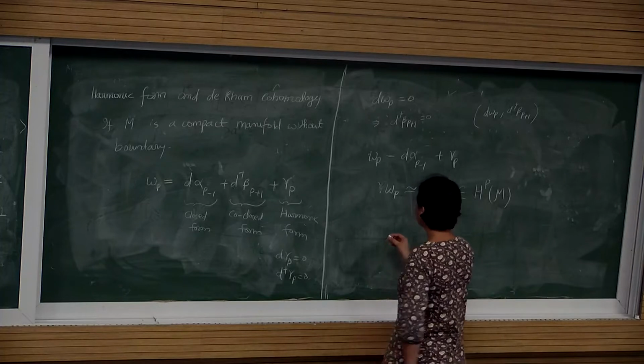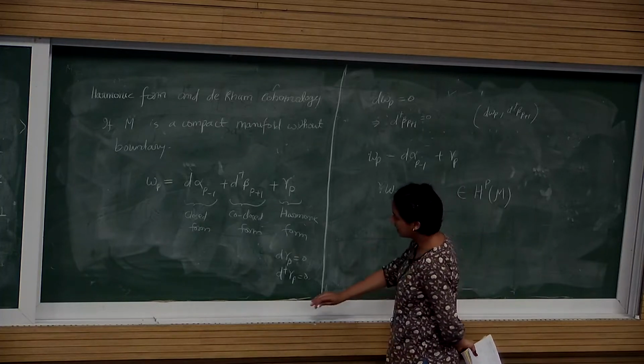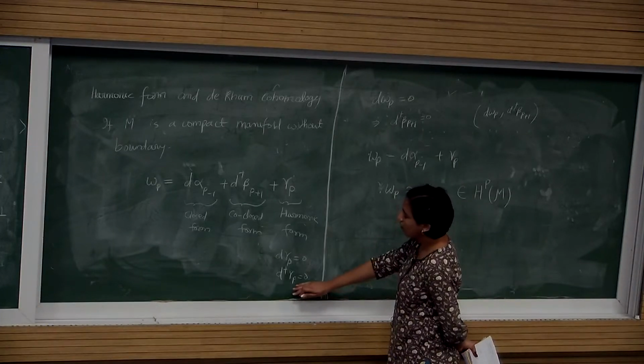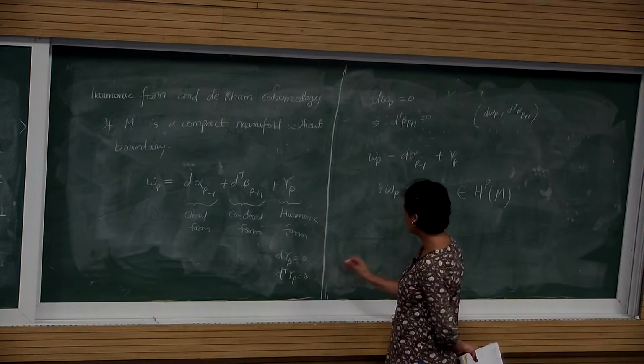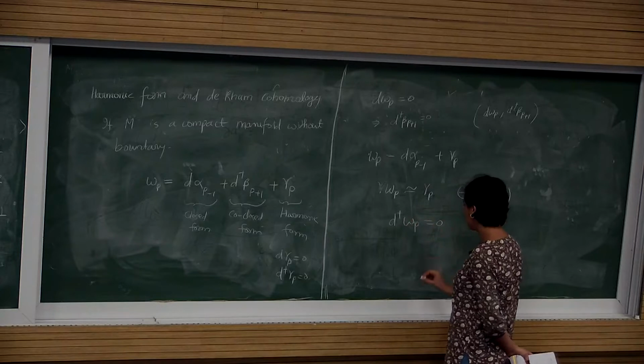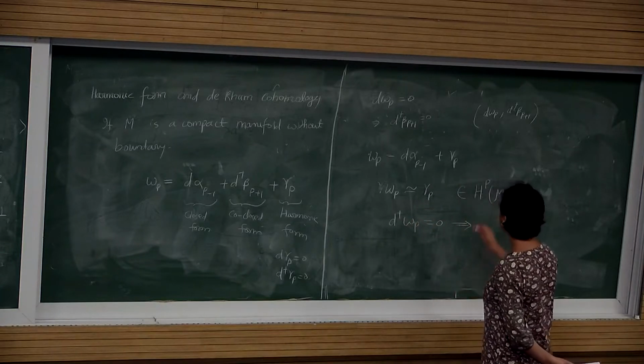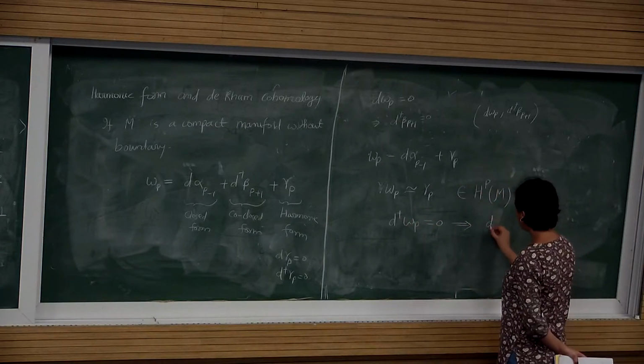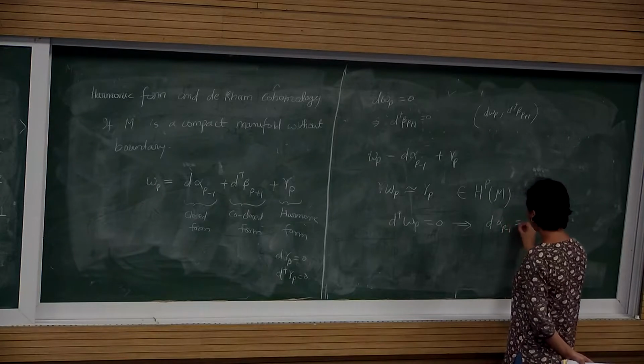Okay. Now if we take the other condition that we have to have omega p harmonic, then d dagger of omega p should also vanish, and that will simply imply, using the same logic, that d of alpha p minus 1 is 0.